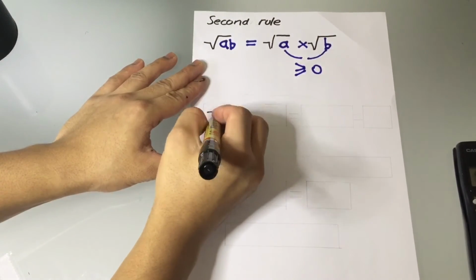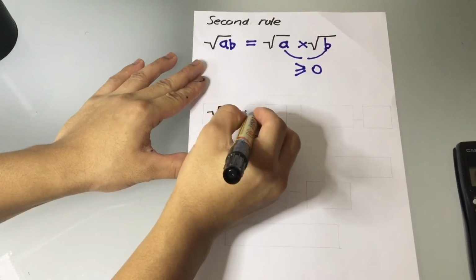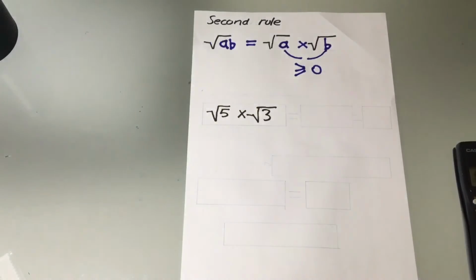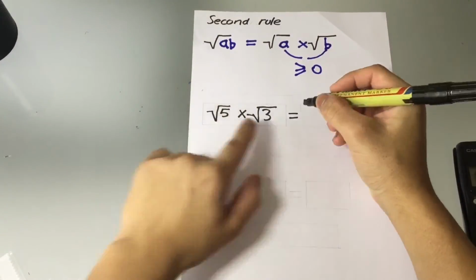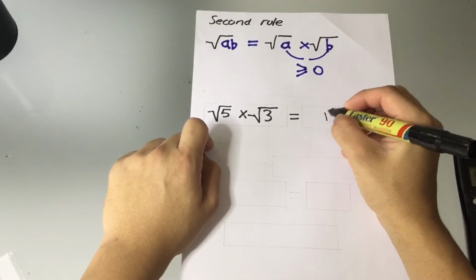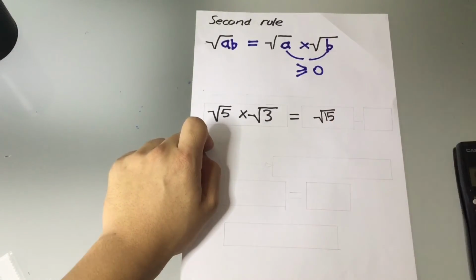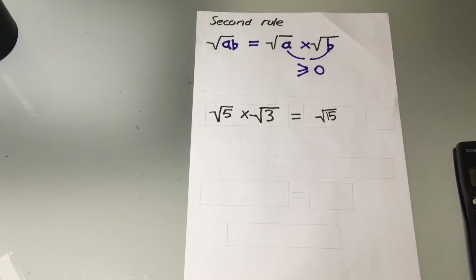So let's put an example here. Let's say square root 5 times square root 3. If you calculate manually, 5 times 3 in one square root, you get square root 15, which is how you usually solve the surds here.